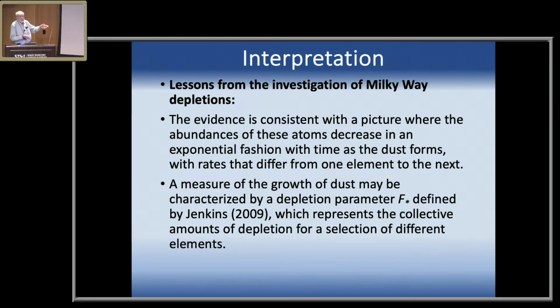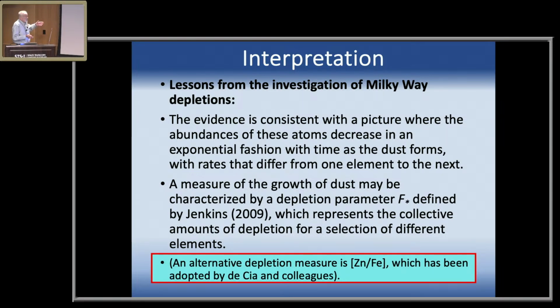And that arrow reverses when the dust is destroyed by shocks from supernovae. I talked about the F-star parameter. There's another parameter that's been adopted by other people, which is to measure the ratio of zinc to iron. Zinc depletes very slowly, iron depletes more rapidly.